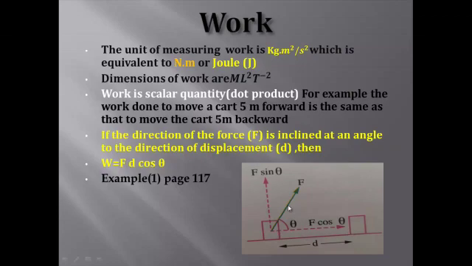So we need F cosine theta, not F sine theta. Do you remember the resolution of force into the x-axis, F cosine theta, and the y-axis, F sine theta? We deal with F cosine theta. Why F cosine theta? Due to the direction of what? The direction of displacement. Do you understand?